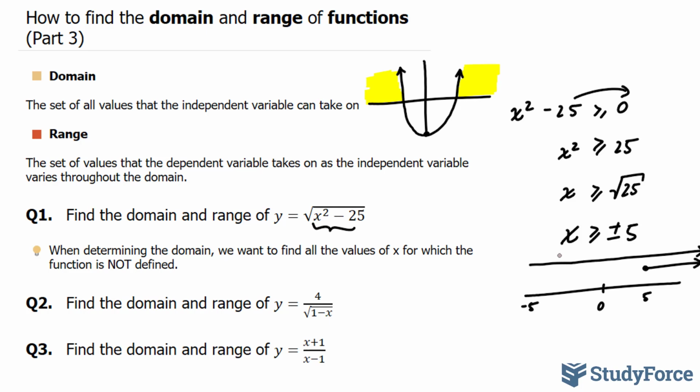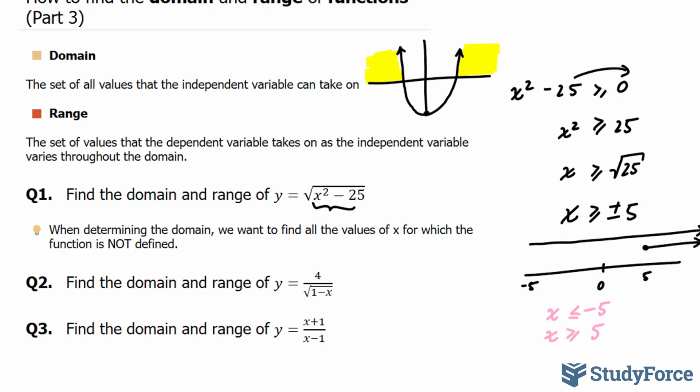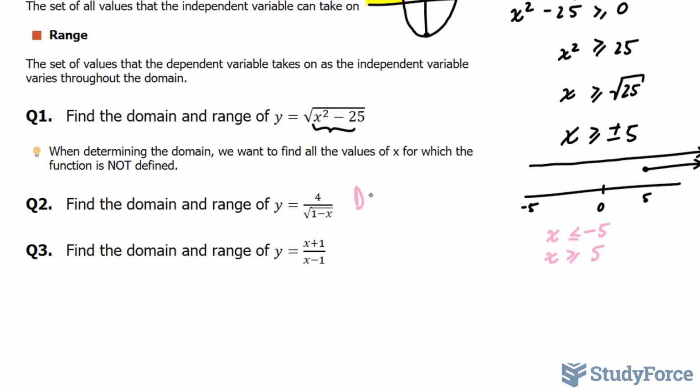You have to think of it logically as well, where x must be less than or equal to negative 5, and x must be greater or equal to 5. That right there represents the domain for question 1, where domain consists of all real x values such that x is less than or equal to negative 5 and x is greater or equal to positive 5.